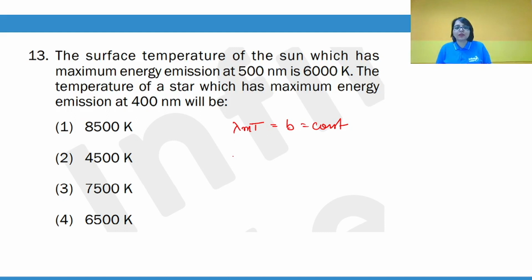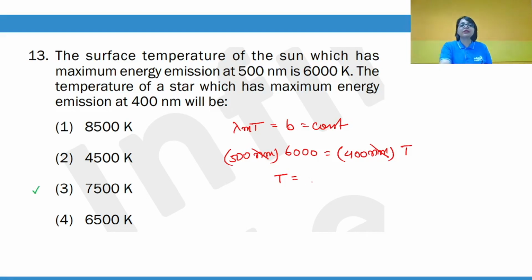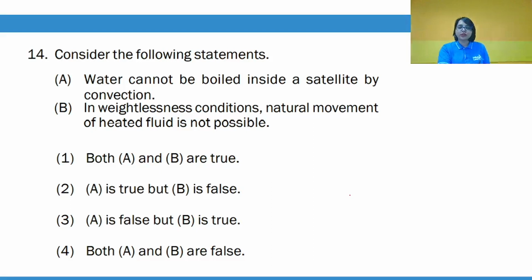So it will be 500 nanometer into 6000 Kelvin is equal to 400 nanometer, and let's say the temperature of that given star is T. So this will cancel this. So we have T as 7500 Kelvin.